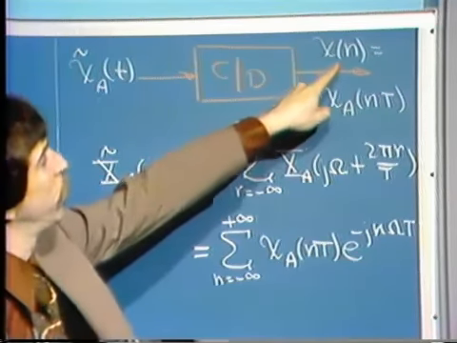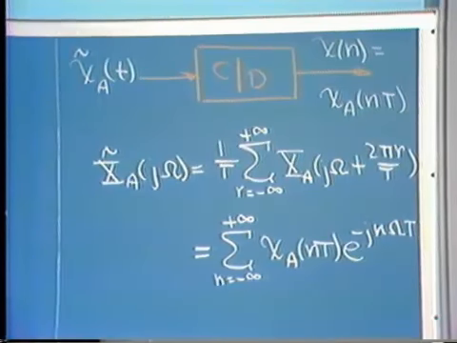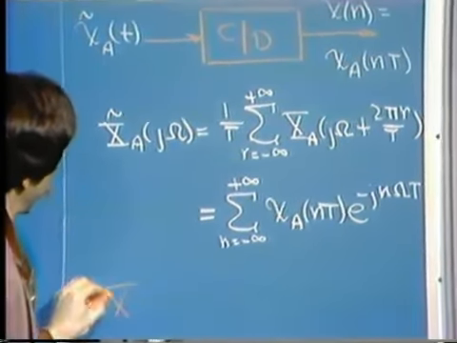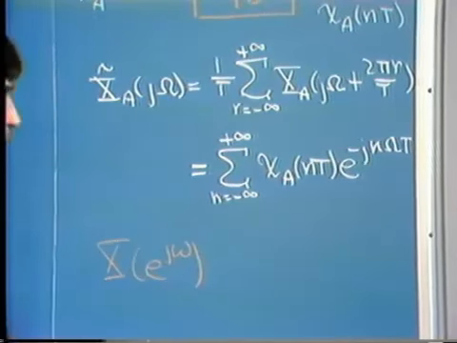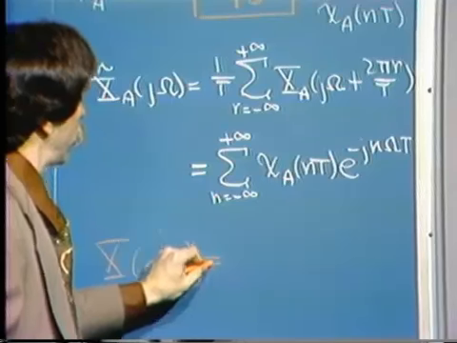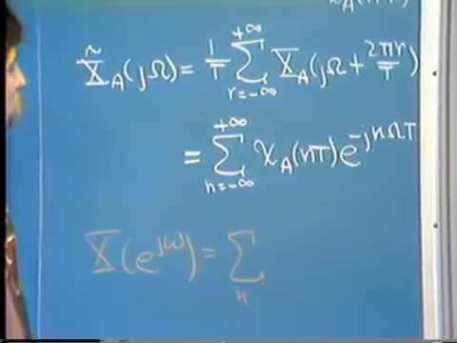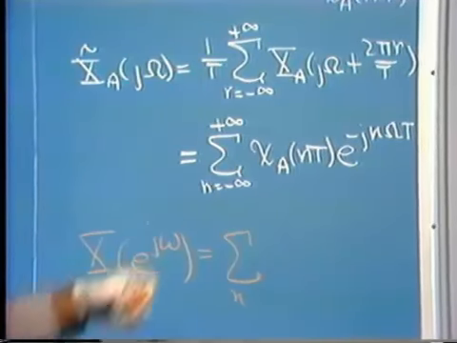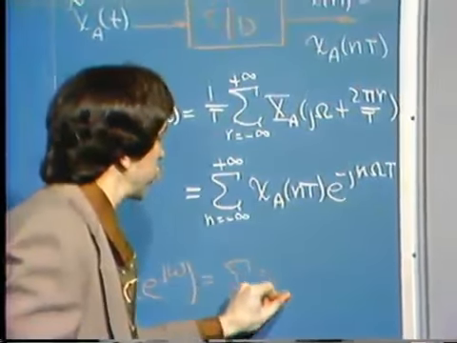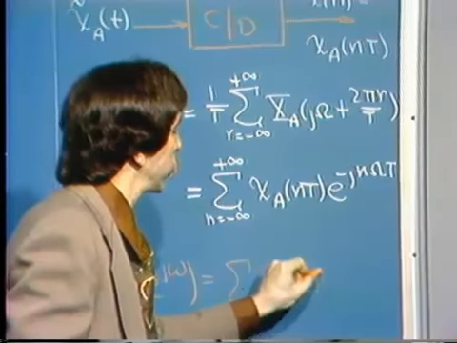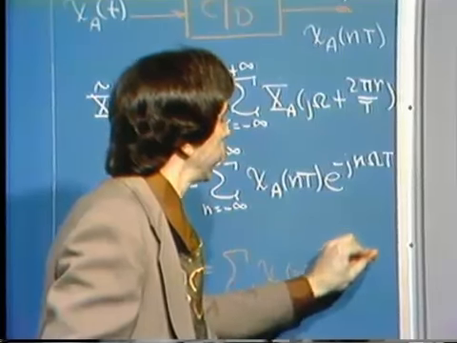Well, what's the Fourier transform of the output of the continuous to discrete time converter? Well, it's just simply x of e to the j omega, our discrete time Fourier transform, which is equal to the sum on n of x of n, but x of n is x sub a of n capital T. So we have x sub a of n capital T times e to the minus j omega n.